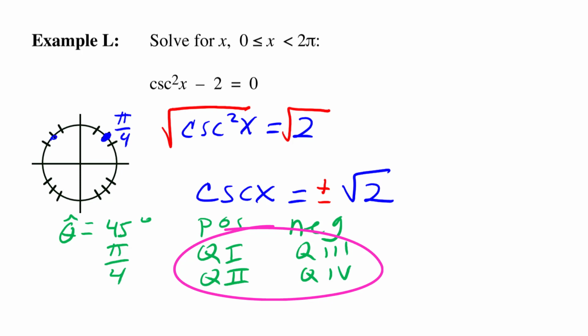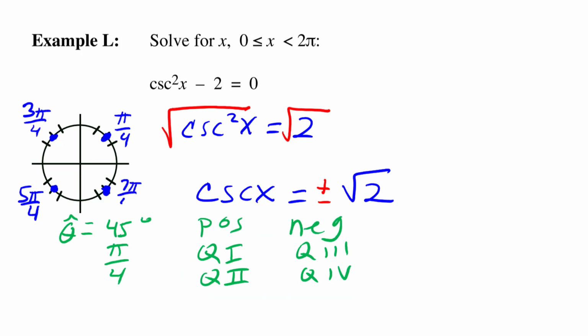Pi over 4, 3 pi over 4. In quadrant 3, it's 5 pi over 4. And in quadrant 4, it is 7 pi over 4. 4 solutions, and we're going to include them all in this solution set.